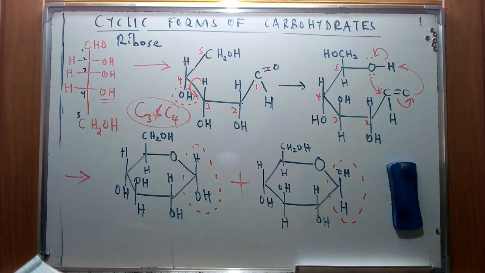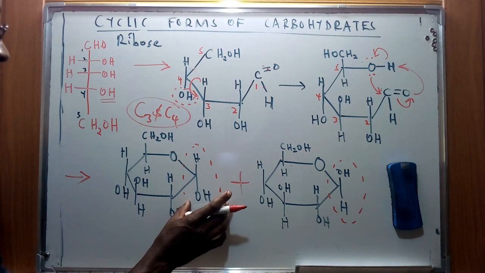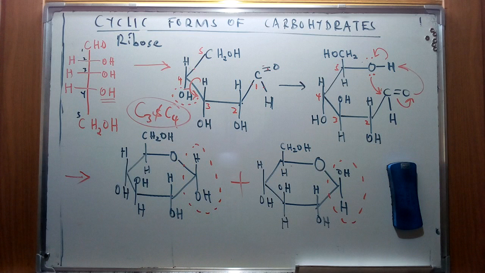So therefore, as we said, for us to achieve those ribofuranose products that I've mentioned, the first one, as we said, the OH group is going to face down in this specific D series.